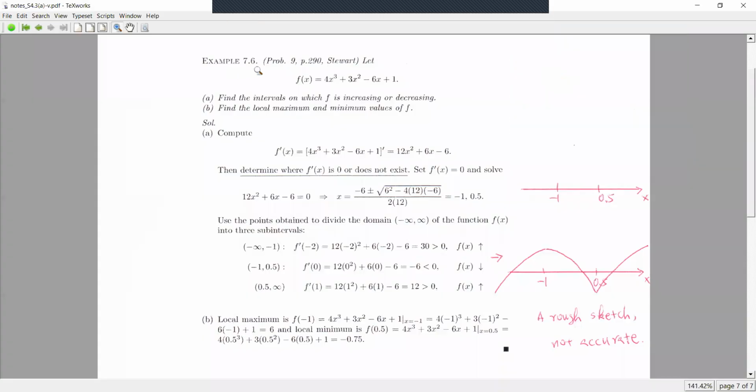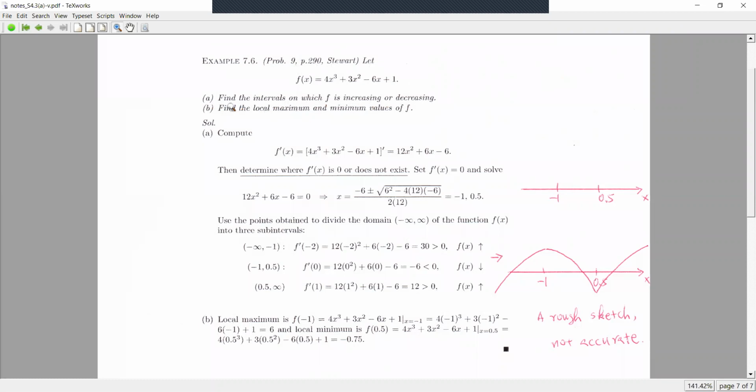The last example today. Consider this polynomial. Question A. Find the intervals on which the function is increasing or decreasing. Remember, derivative is positive, the curve is increasing. Negative, the curve is decreasing.